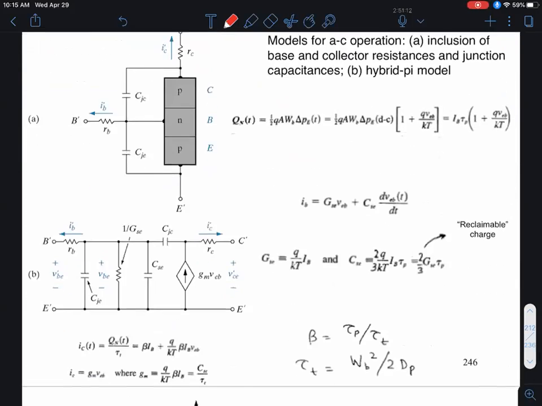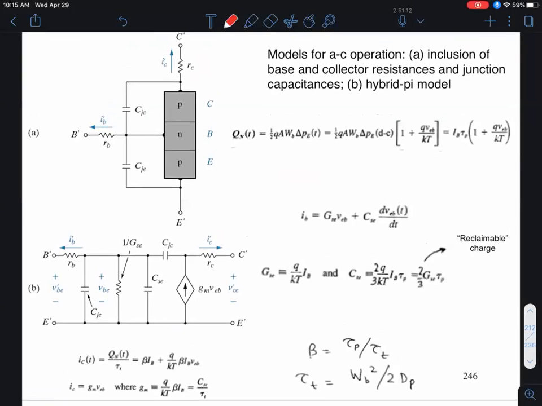This leads to my final slide, which is the equivalent circuit of a BJT. Now, remember, the idea behind equivalent circuits of semiconductor devices is you have all this complicated physics of drift, diffusion, etc. But then you want to capture as much of the important physics as you can in simple lumped circuit elements like lumped resistors and capacitors.